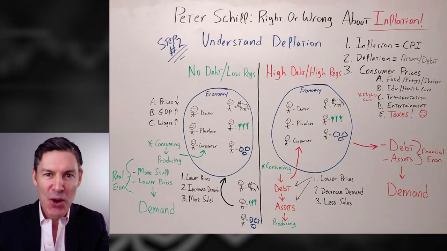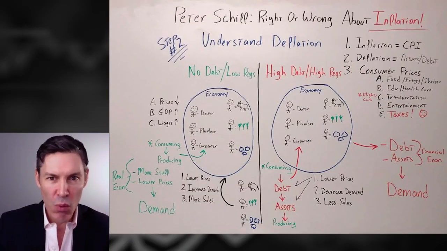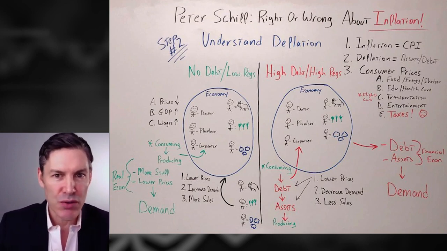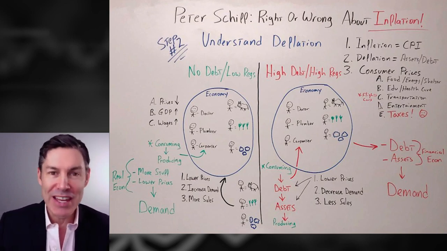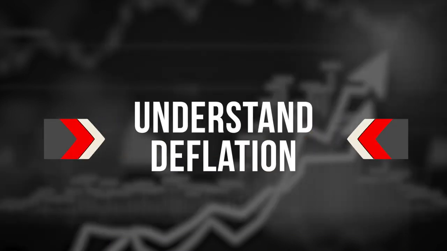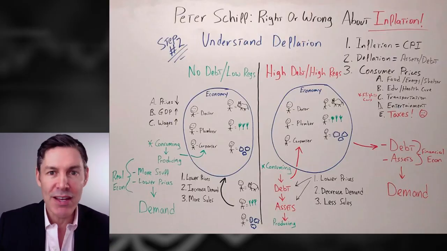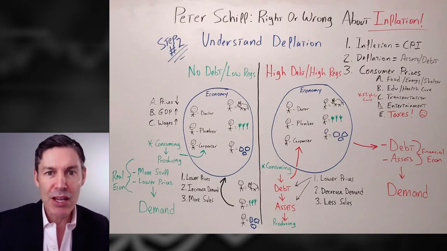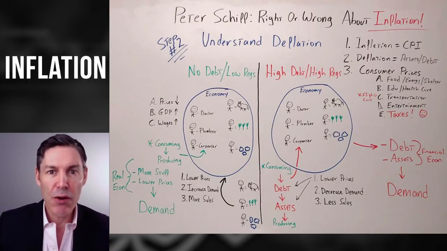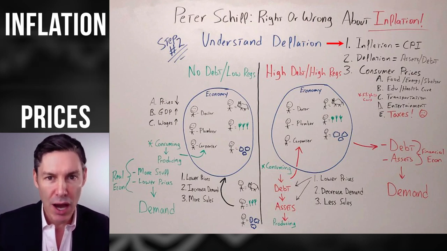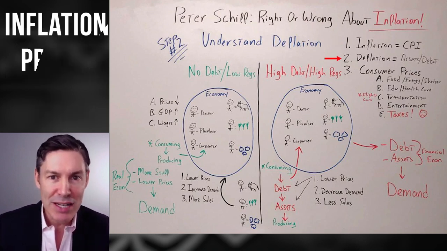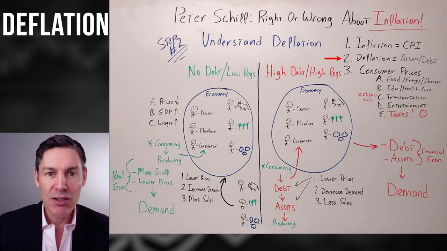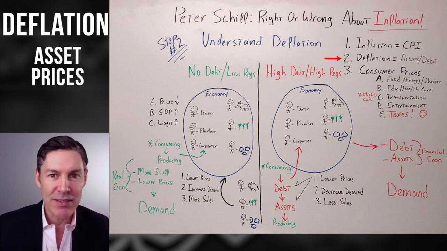Step number 2, to understand whether or not Peter Schiff is right or wrong about inflation, we also have to understand deflation. There's nuance to this as well. When most people say the word inflation, they're referring to prices going up. When most people talk about deflation today, they talk about asset prices in debt.